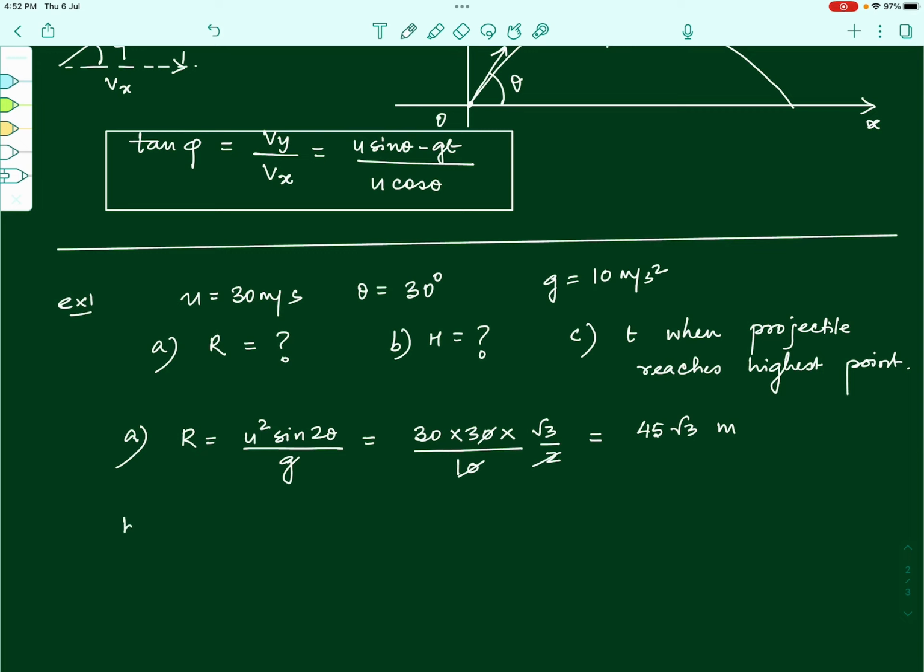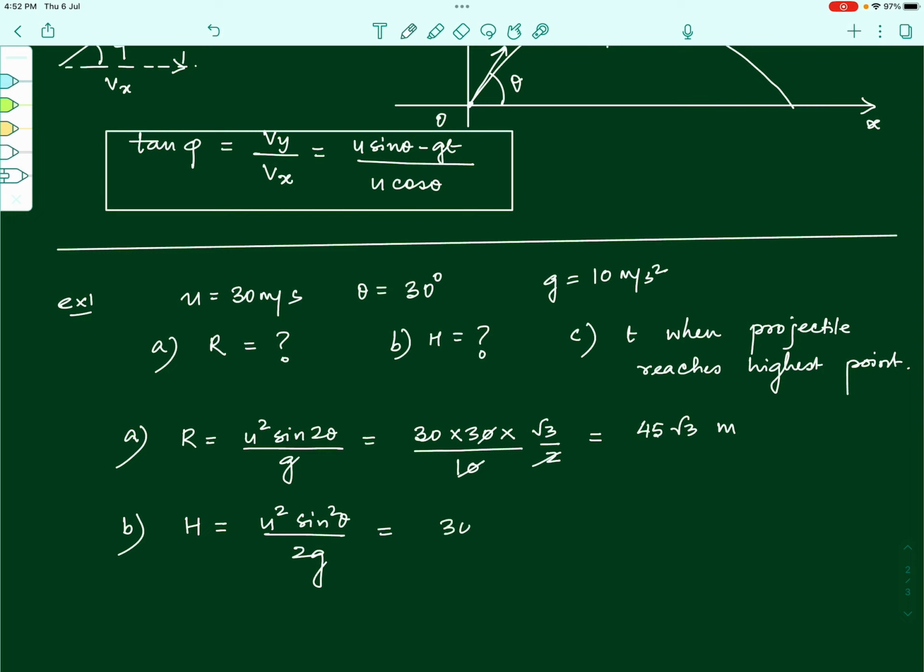Now we come to the next part of the question, which is the maximum height attained by the projectile, for which we again have a formula, u squared sine squared theta by 2g. Direct formula, we can substitute the values and get our answer.